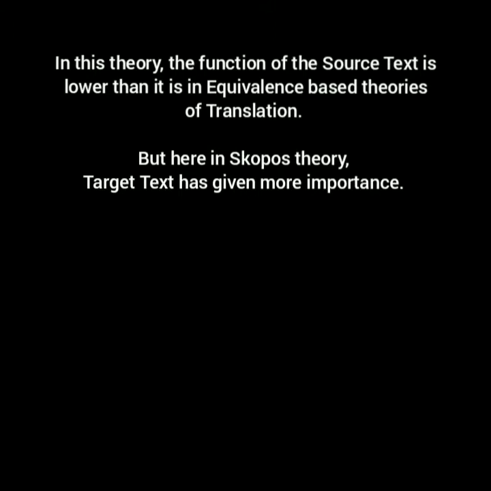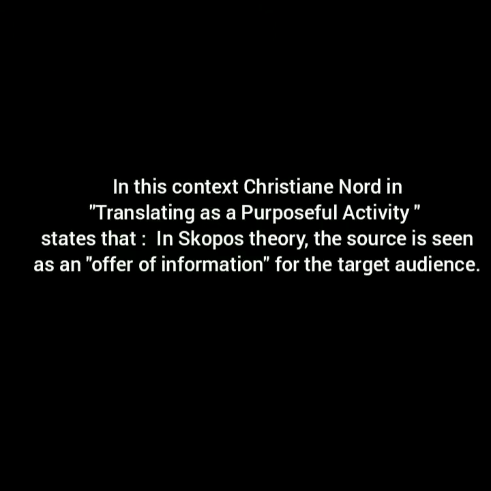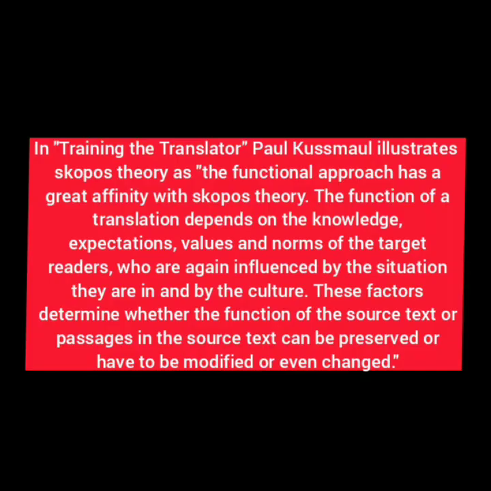That's why Christian Nord, in Translating as a Purposeful Activity, said that the source is seen in Skopos theory as an offer of information which the translator turns into an offer of information for the target audience. Another theorist named Paul Kussmaul in the book Training the Translator explains that the functional approach has great affinity with Skopos theory.